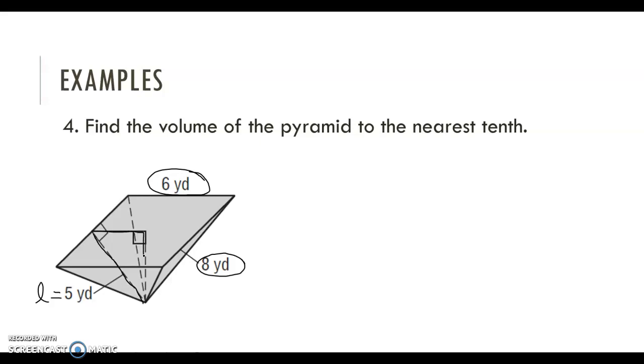So I'm going to redraw this right triangle cross section that they're showing. I know that the slant height is 5. I need the actual height again. And this side of my triangle is going to be half of the side that it's parallel to. So it's going to be half of 6, not half of 8. And half of 6 is 3.